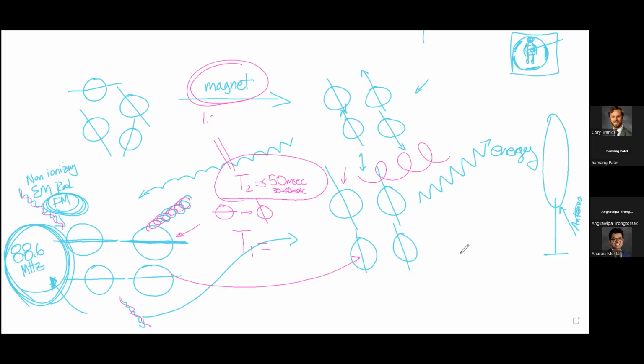Mostly, many of you will be working at 1.5 Tesla or 3.0 Tesla. The T2 times, this little process right here, stay pretty constant between 1.5 and 3. But the winding and the unwinding, the T1 time, differs a little bit.